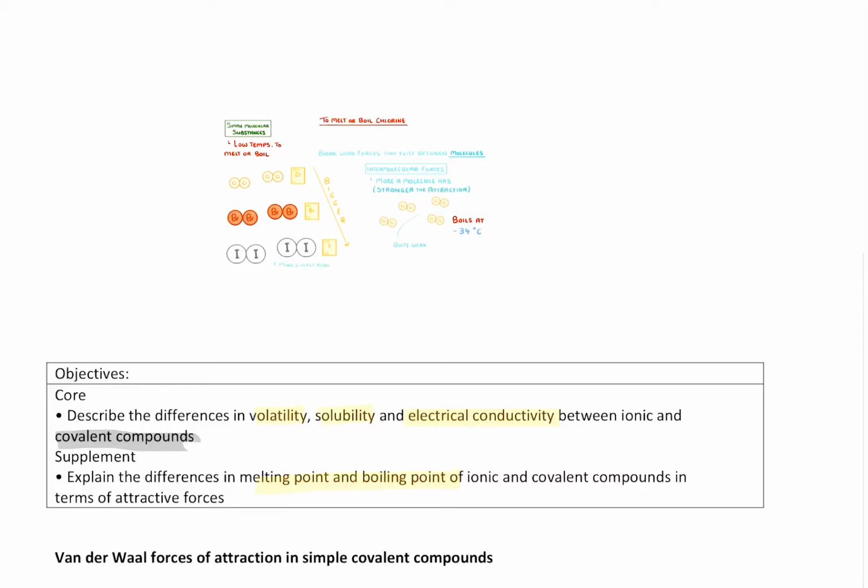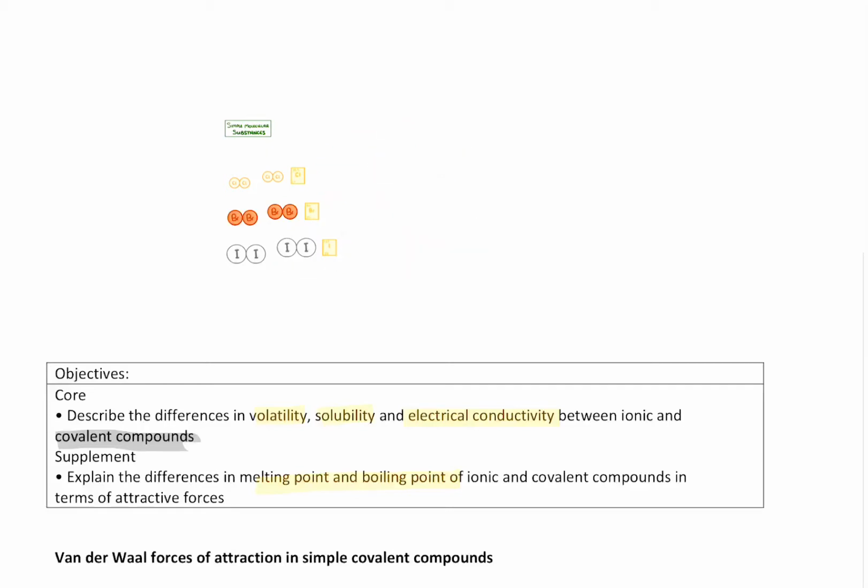This in turn means that more energy will be required to break them all, so the melting and boiling points should increase as you go down the group, which they do, as bromine has a boiling point of 59 degrees, and iodine doesn't boil until 184 degrees. There's no need to remember these specific numbers. You just need to understand that the boiling point increases as you go down the group because the molecules get larger, so there are more intermolecular forces between them.